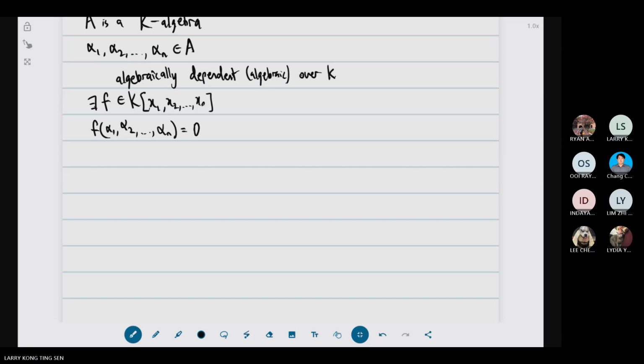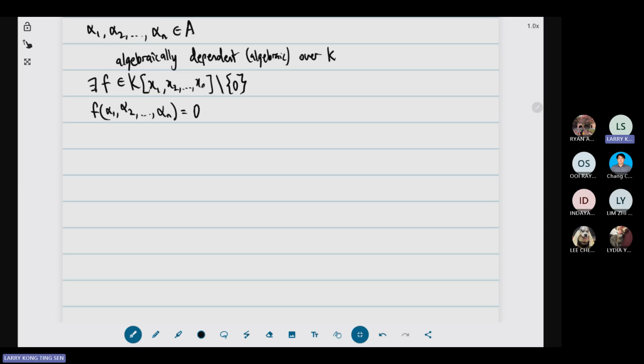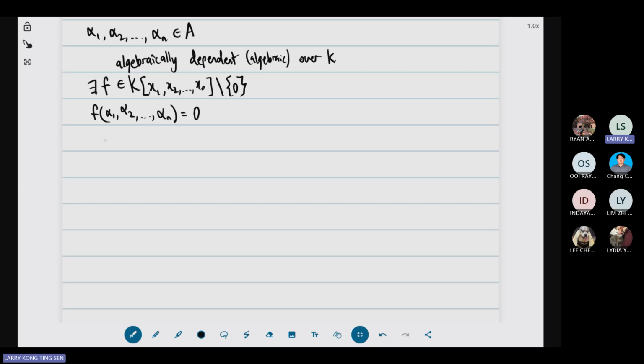Right, thank you. And if there are no such polynomials, such that these elements are algebraically dependent, we call them algebraically independent.